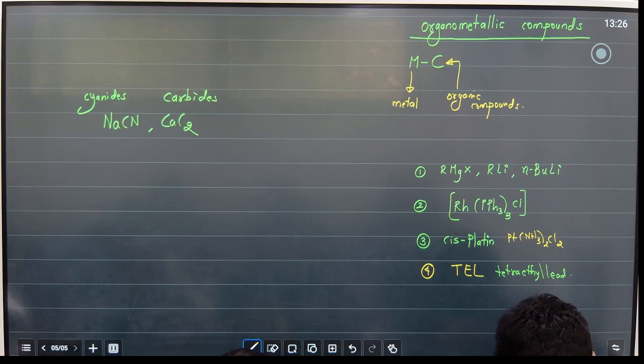They are inorganic compounds prepared in lab where the properties of these do not match with OMCs.